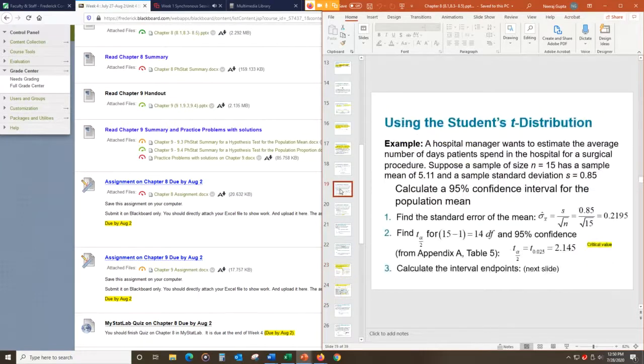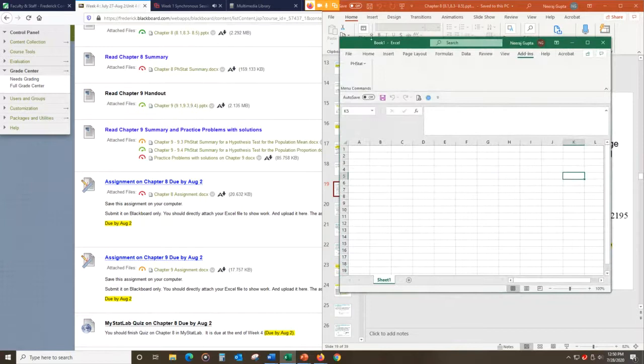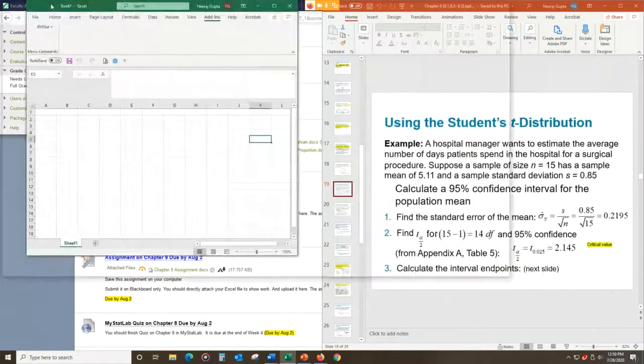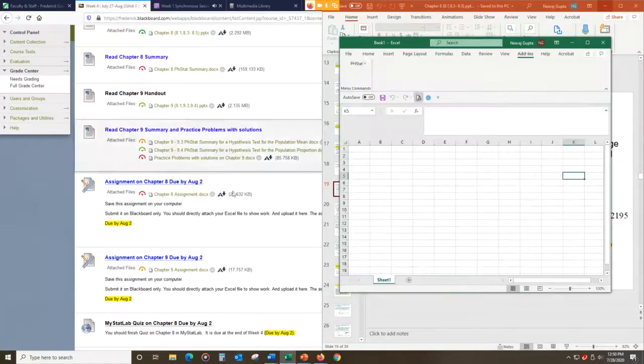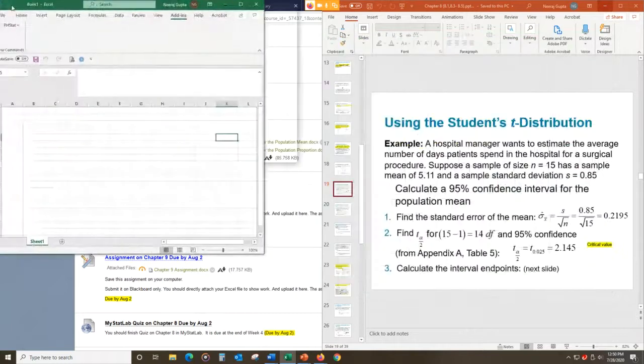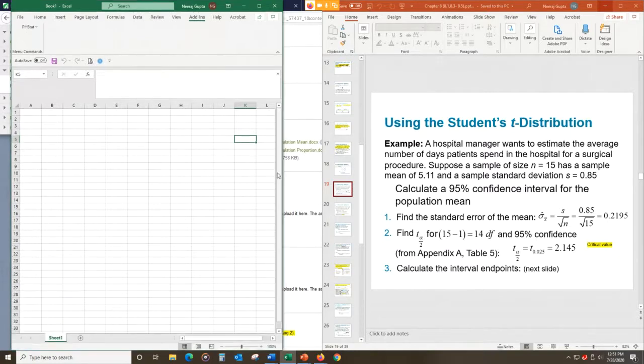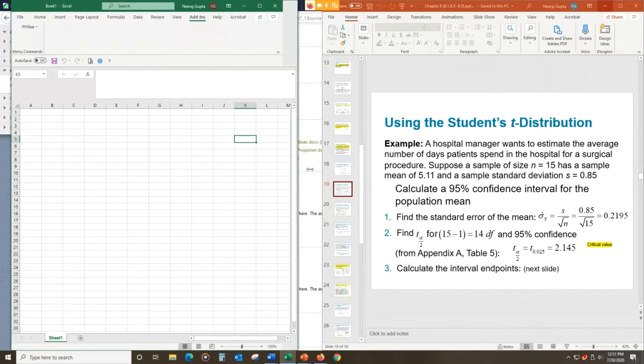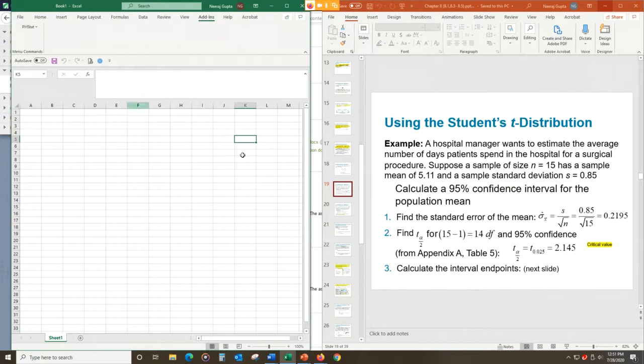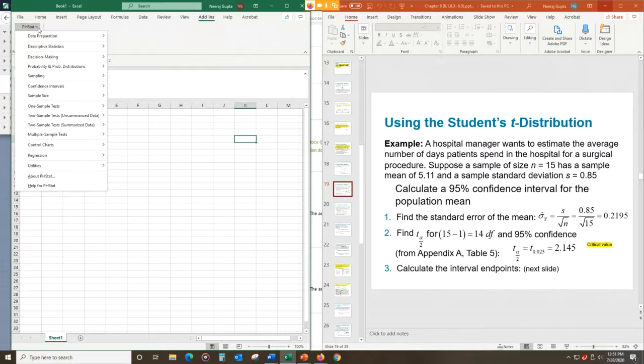So let's go back to our example here and let's open our Excel. Okay, so as I said, we are doing confidence interval when sigma is unknown.